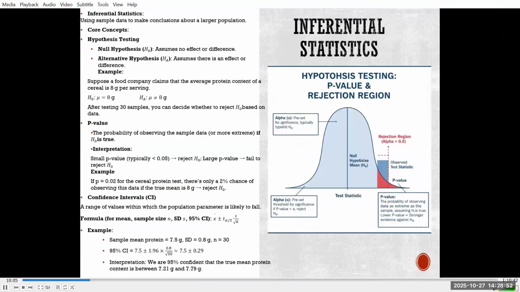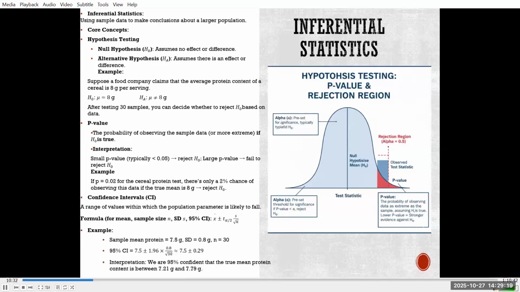Inferential statistics. Now that we have seen descriptive statistics, which only summarize what we already have, let's move on to inferential statistics, which helps us go one step further. Inferential statistics allow us to draw conclusions or make predictions about a larger population based on a small sample of the data.